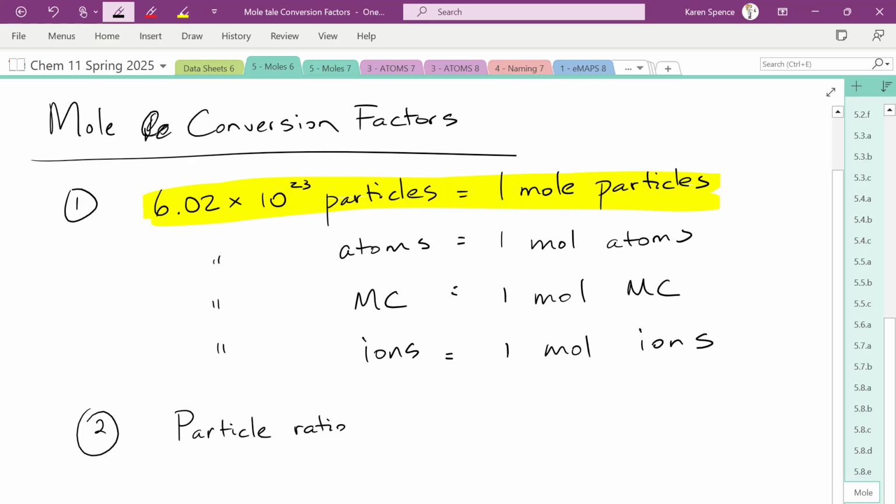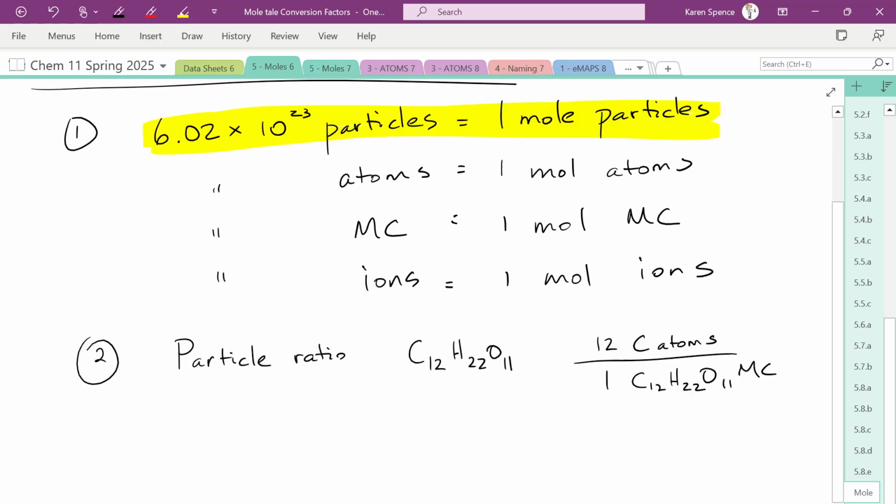A particle ratio would be where if we had, let's say C12H22O11, we would say we have 12 carbon atoms per 1 C12H22O11 molecule.